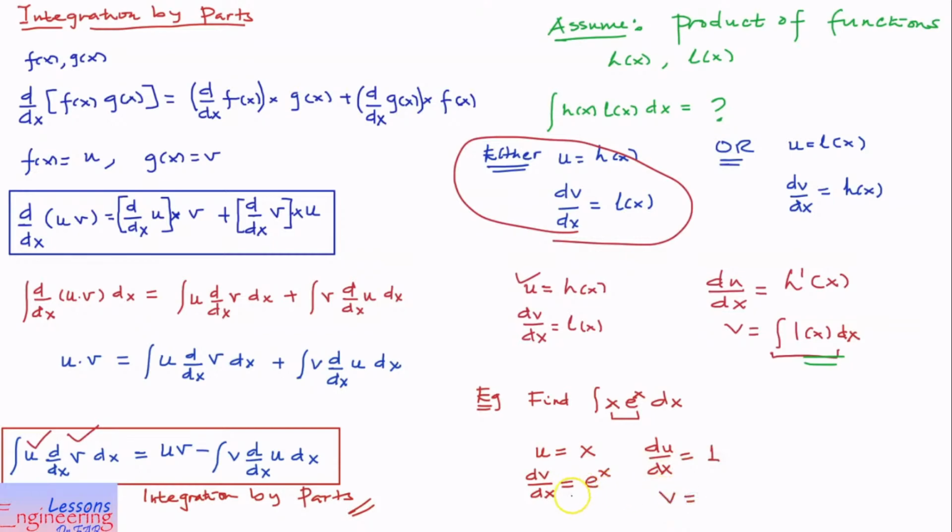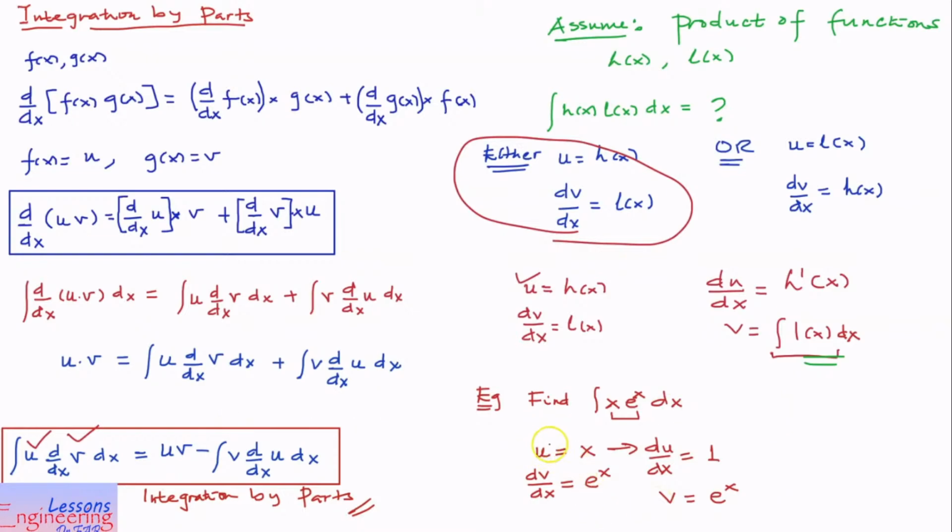We know that the derivative of e raised to x is e raised to x itself. So if I put e raised to x here, dv by dx is e raised to x. In other words, find a function that when you differentiate it will give you that expression.